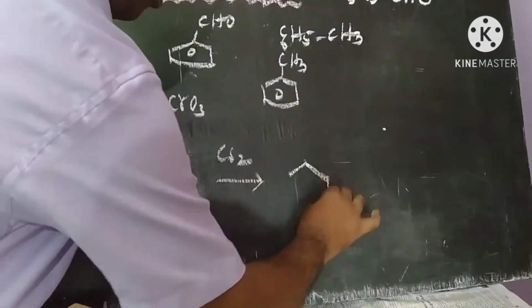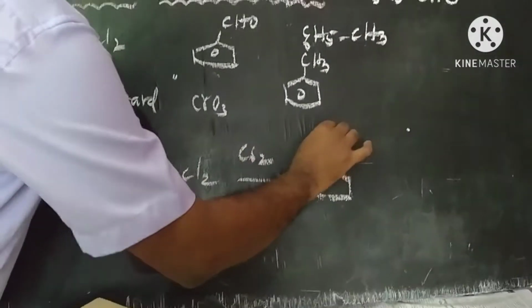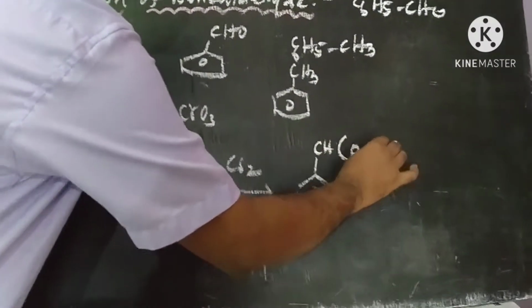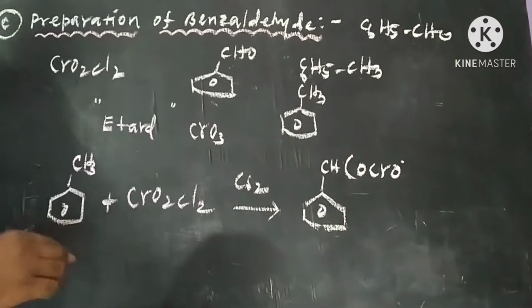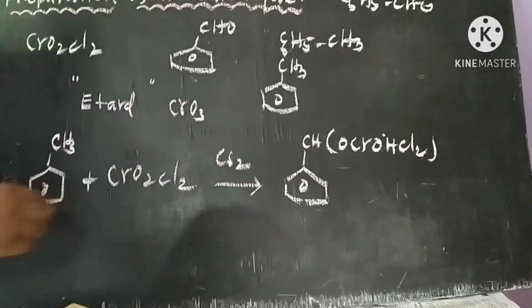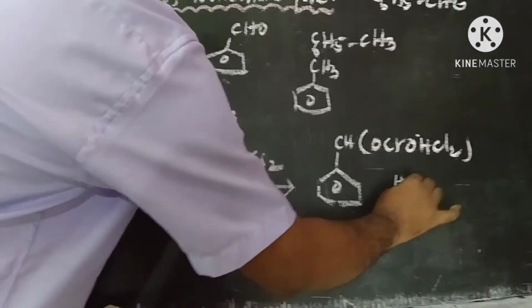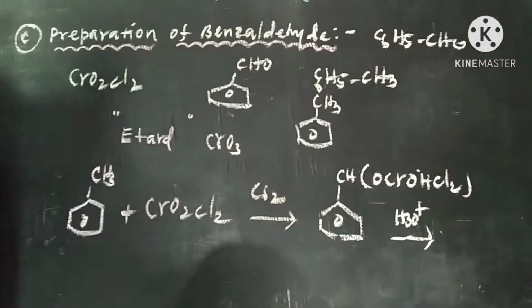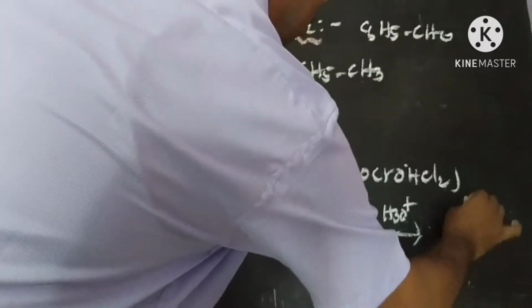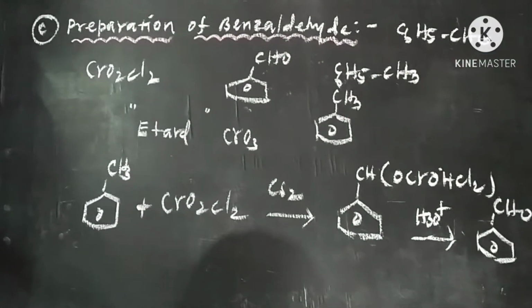The intermediate compound is C6H5CH(OCrOHCl2). This intermediate undergoes hydrolysis with H3O+, the hydronium ion, to give benzaldehyde.